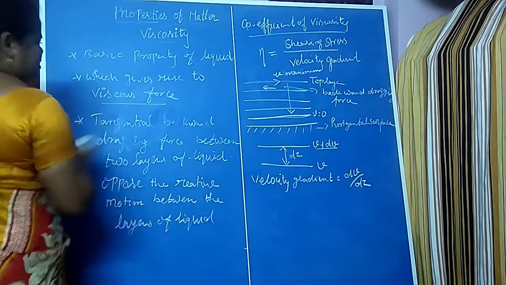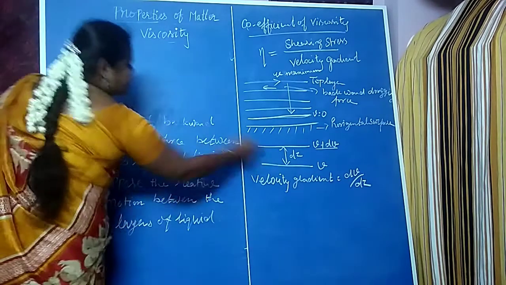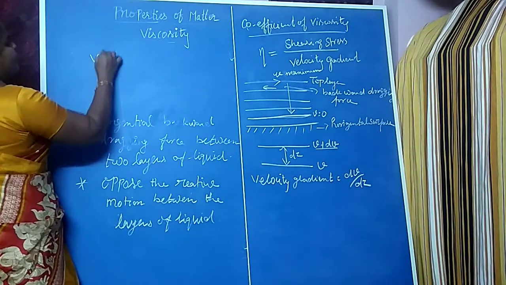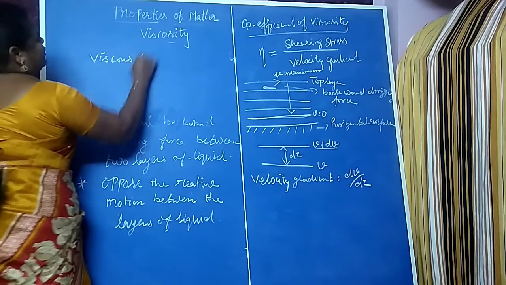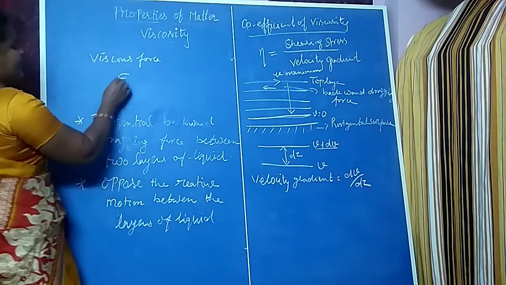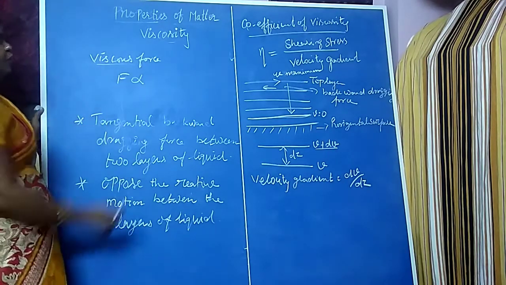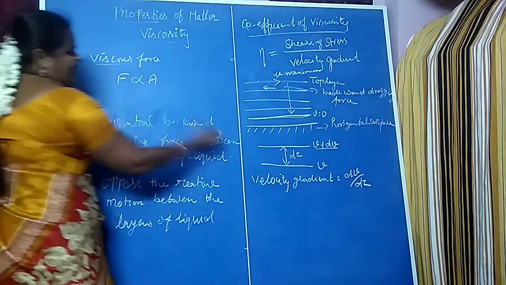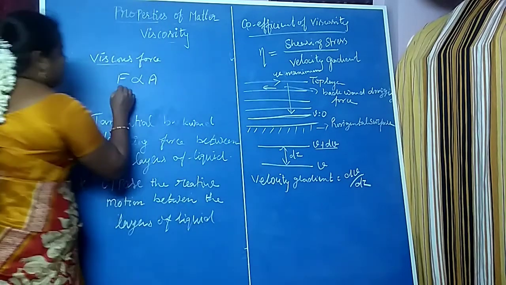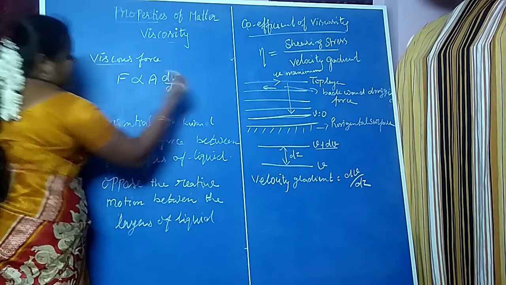In this case, we consider the viscous force F, which is directly proportional to the area of the layer A, then the velocity gradient dv by dz.